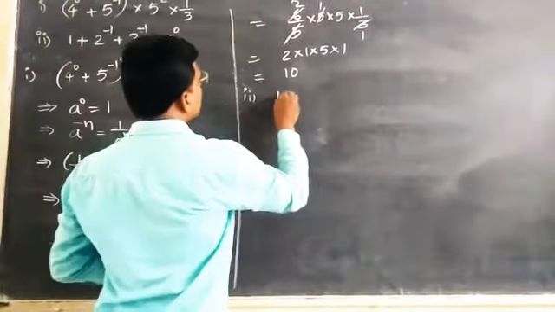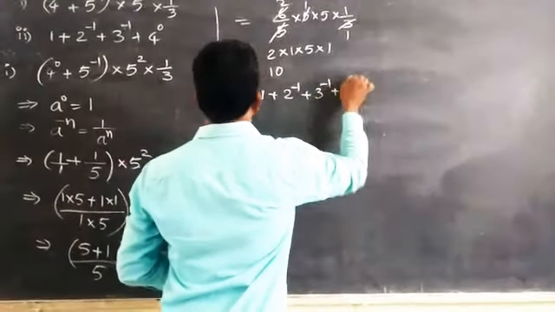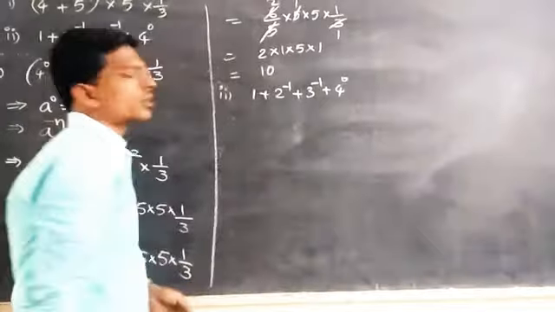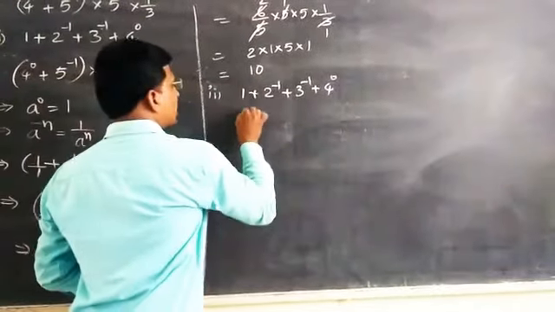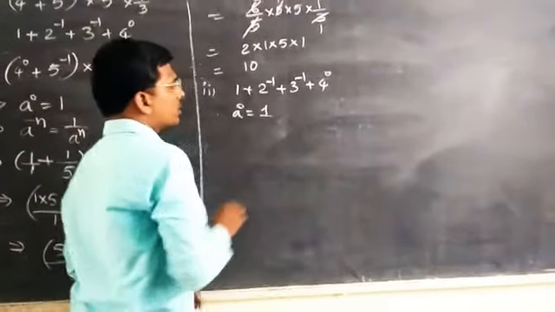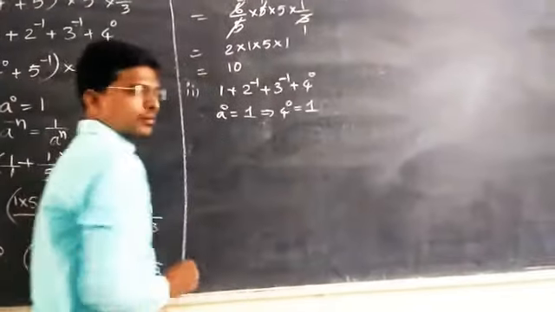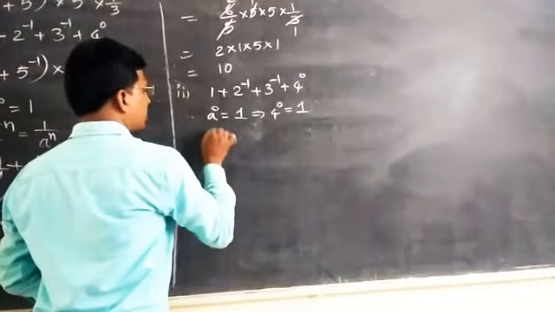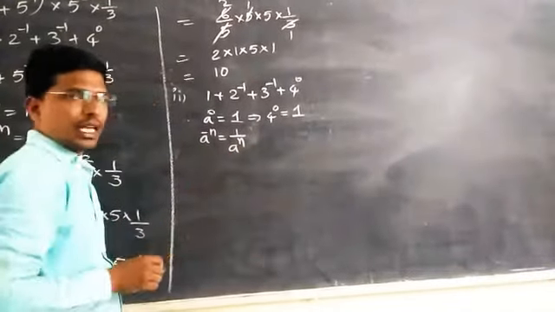So 1 plus 2 to the power of minus 1 plus 3 to the power of minus 1 plus 4 to the power of 0. By using the formulas, a to the power of 0 is equal to 1. That is, 4 to the power of 0 is equal to how much? 1. Next, a to the power of minus n is equal to 1 by a to the power of n.